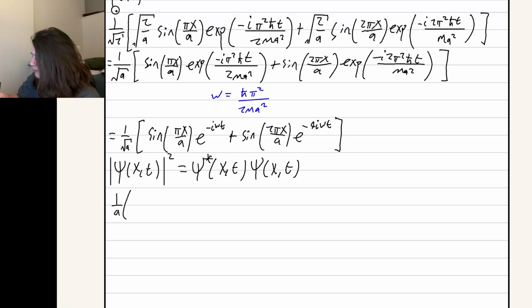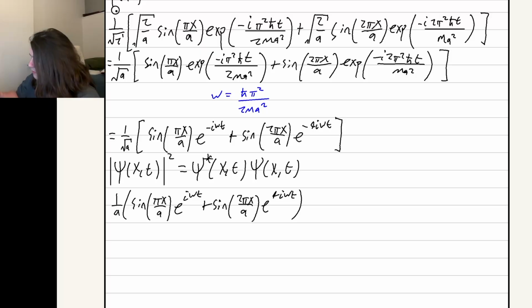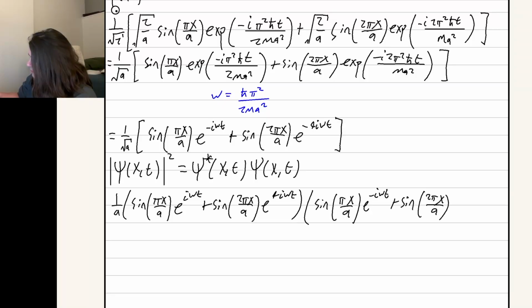And then now just writing all this out, sine pi x over a e to the i omega t plus sine 2 pi x over a e to the positive 4i omega t times sine pi x over a e to the minus i omega t plus sine 2 pi x over a e to the minus 4i omega t.